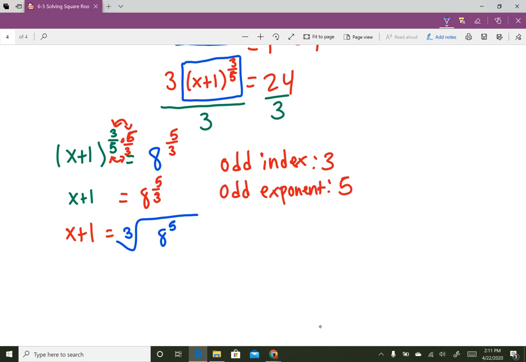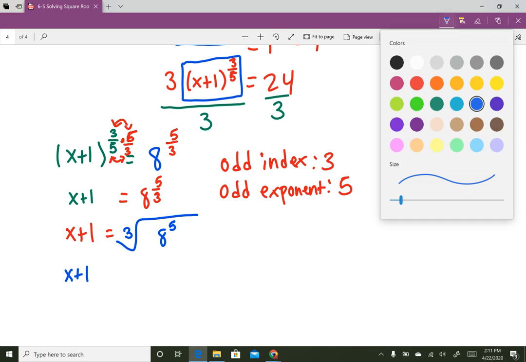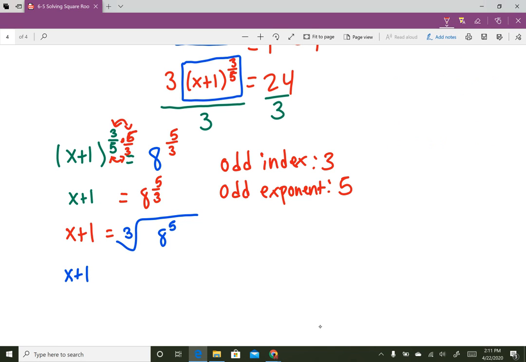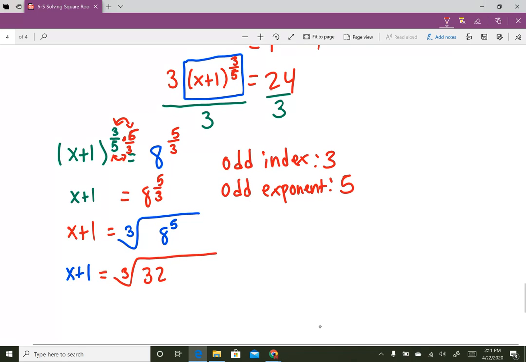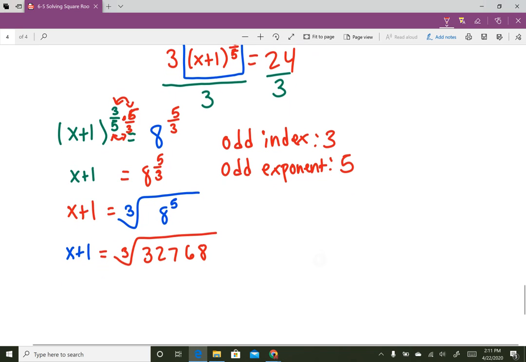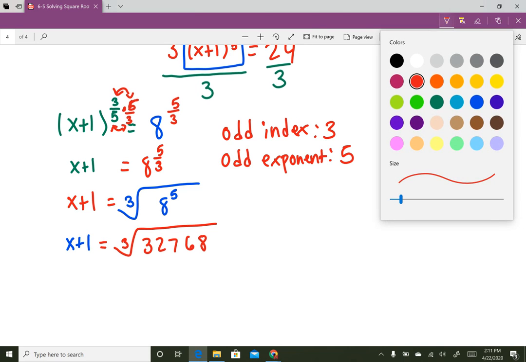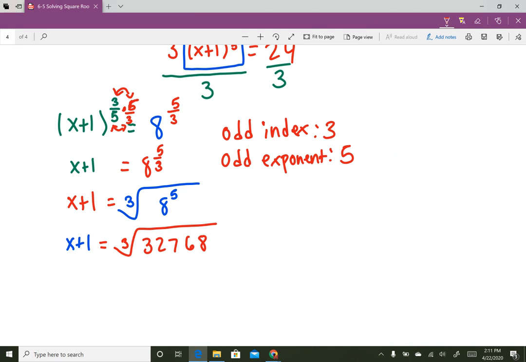All I did was plug that into my calculator. I didn't know it off the top of my head. So yes, this is the cube root of 32,768.